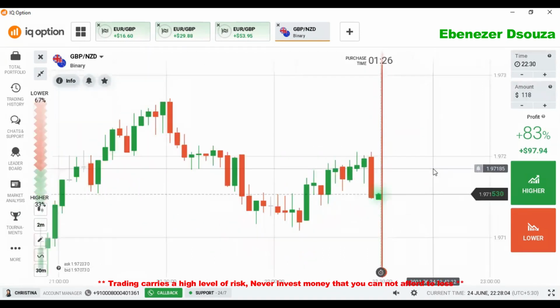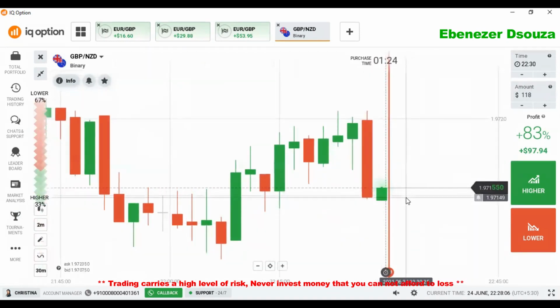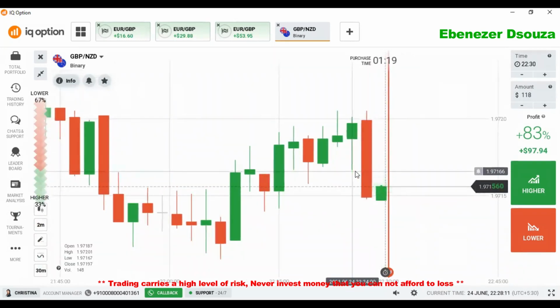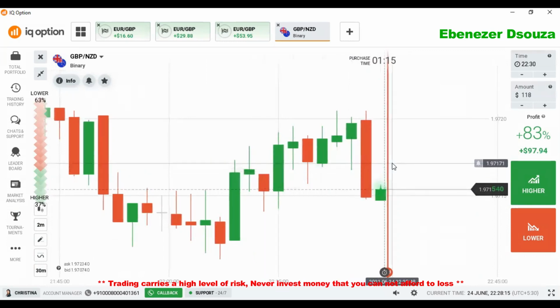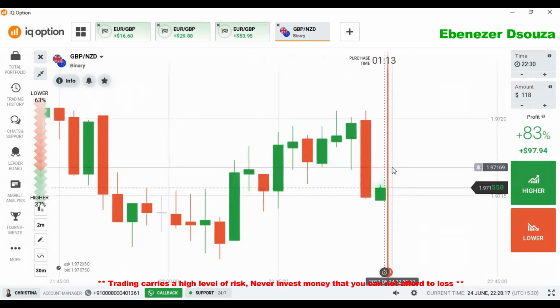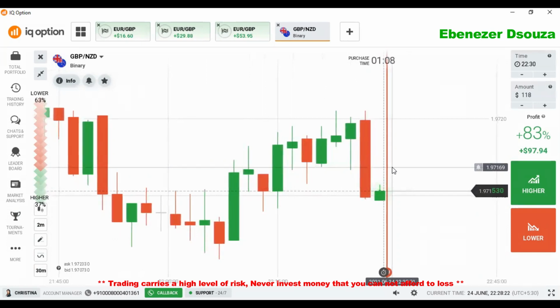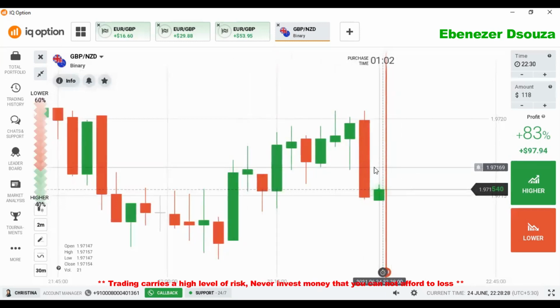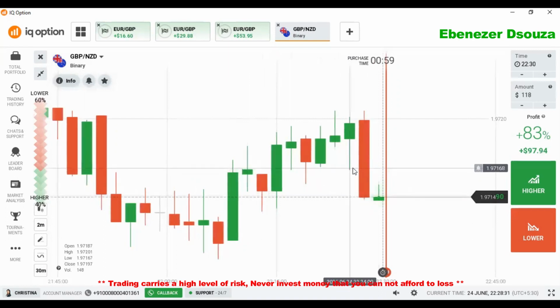So I will place a lower option trade here, but not from this point, but from this point, because it's a level and it's a rejection point. If I place my trade from this point, it might be a margin of safety trade.